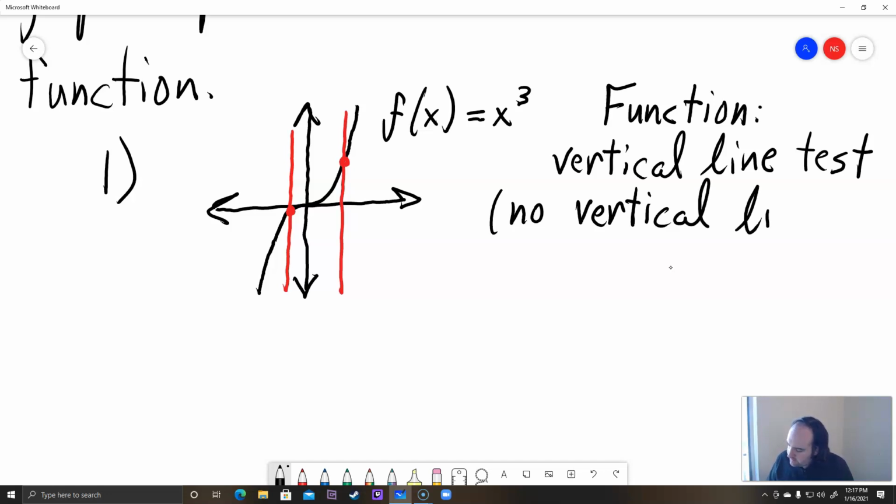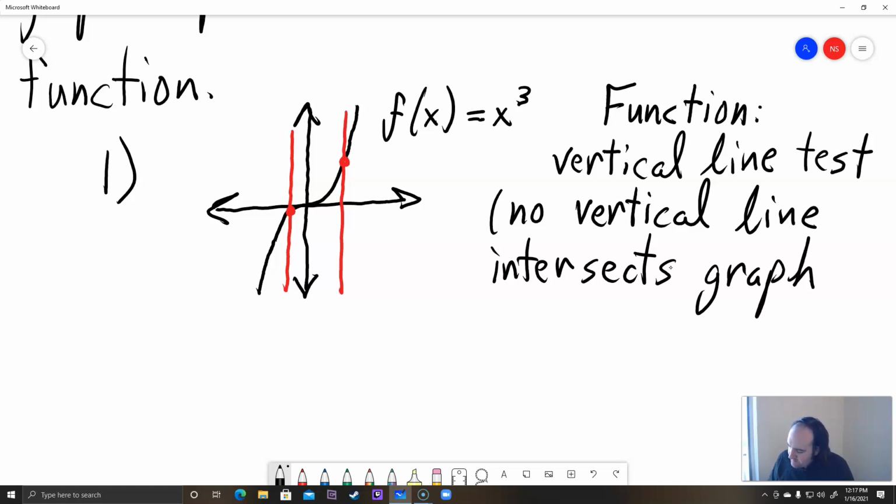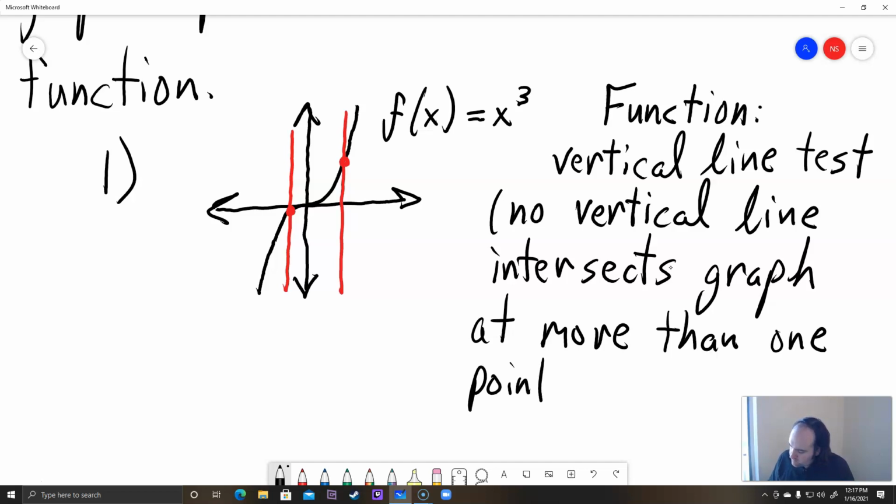No matter where I put my vertical line, it's only going to intersect the graph at one point. So that means that this is a function. I'll just put a little check there.